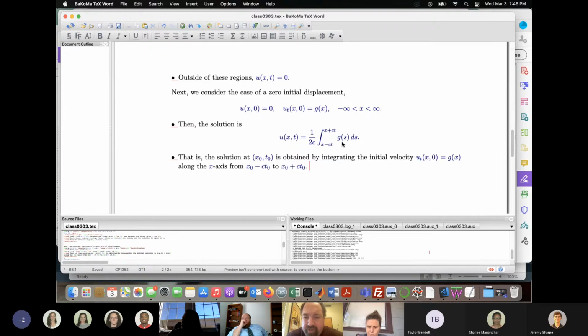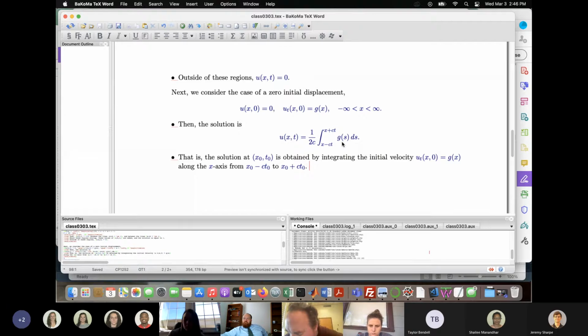We just have this integral of g from x minus ct to x plus ct. Okay. So now what's happening is the solution at a certain point comes from evaluating this integral. So what if the initial velocity g is 0, except for some small portion of the real line?